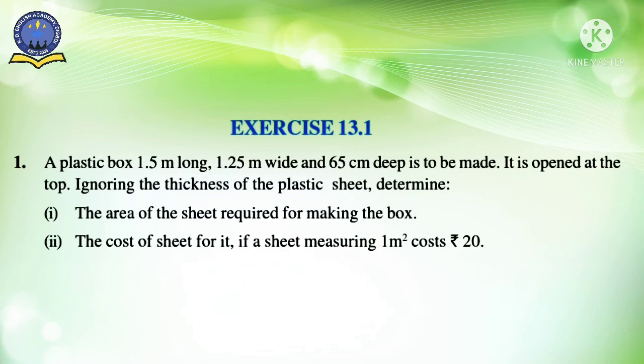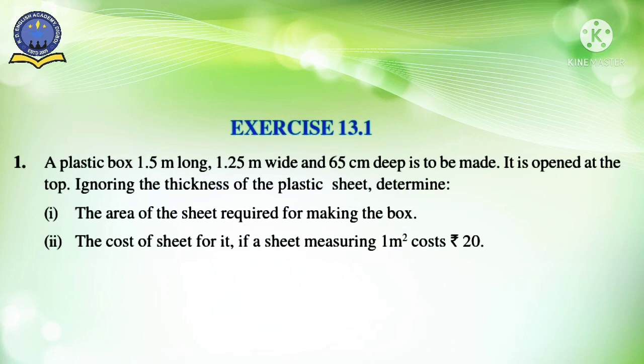But here the first two units, length and breadth, are given in meters, while the last one is in centimeters. So first we have to convert this height into meters, and after that apply the formula. One more point is given: it is open at the top. So only the top part is open, and all other parts are closed.